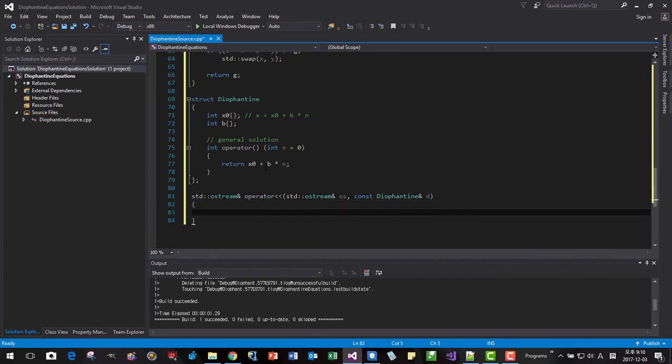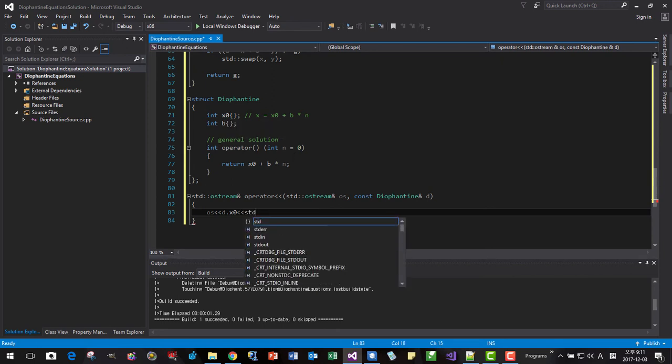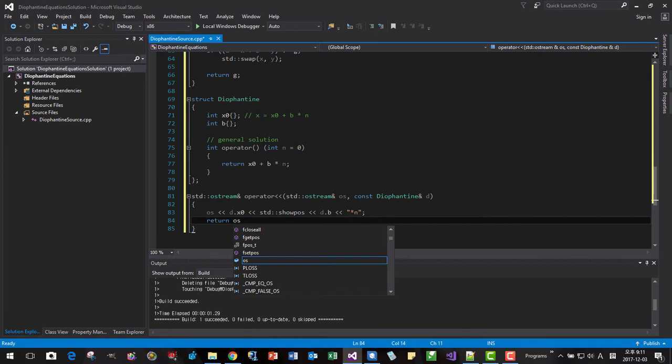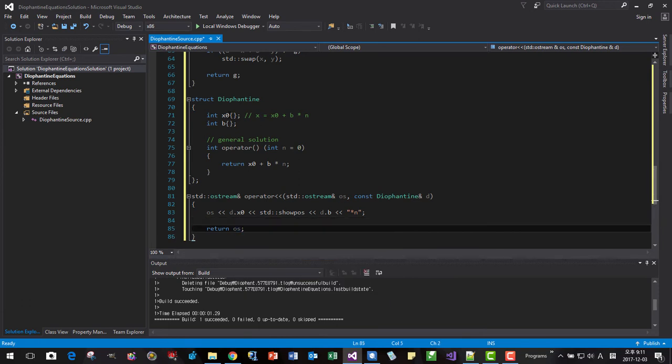Okay, here std::cout os, d.x0, this value, then std::showpos, then d.b, then times n like this. Okay, then return os. We are actually displaying this Diophantine here.